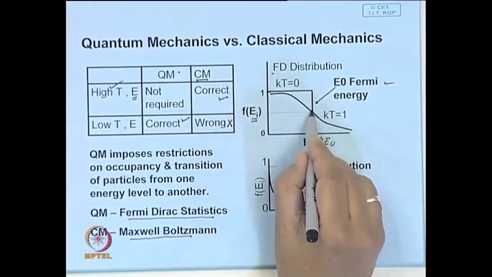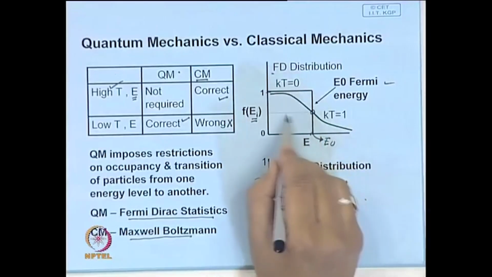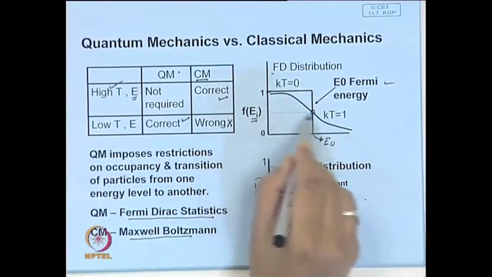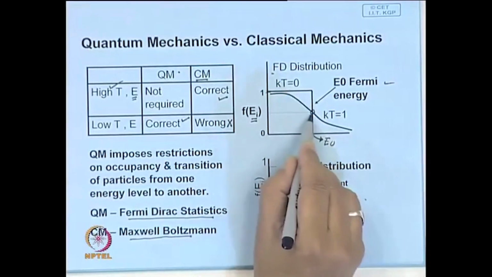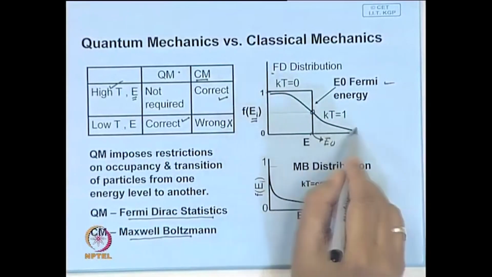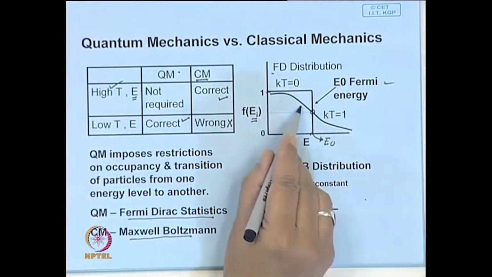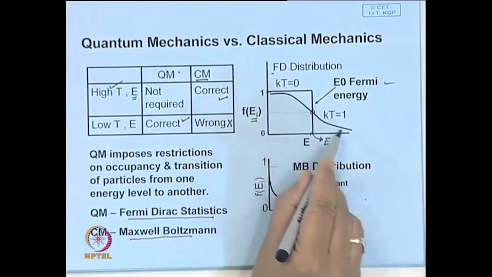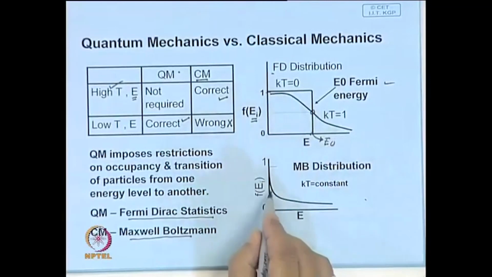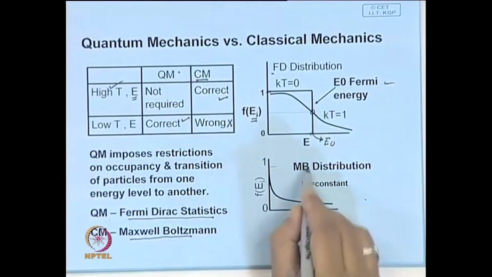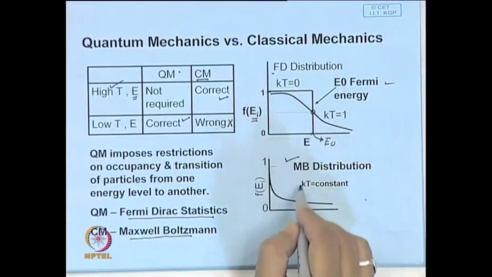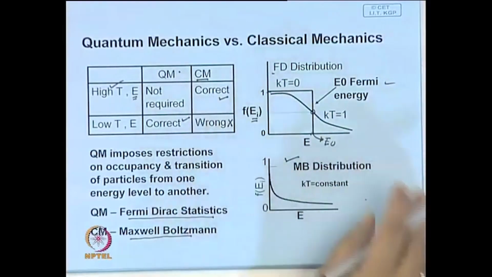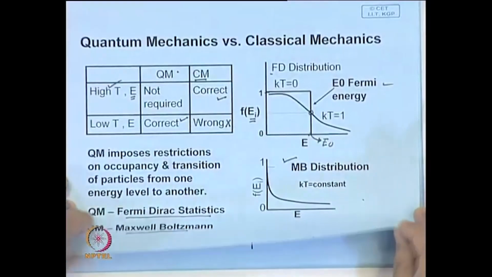At the Fermi level you can say half the number of electrons occupy energy less than the Fermi level and half beyond the Fermi level. So, this part of the probability distribution is very similar to that of the Maxwell-Boltzmann distribution. That is why at higher temperature both predictions are similar.